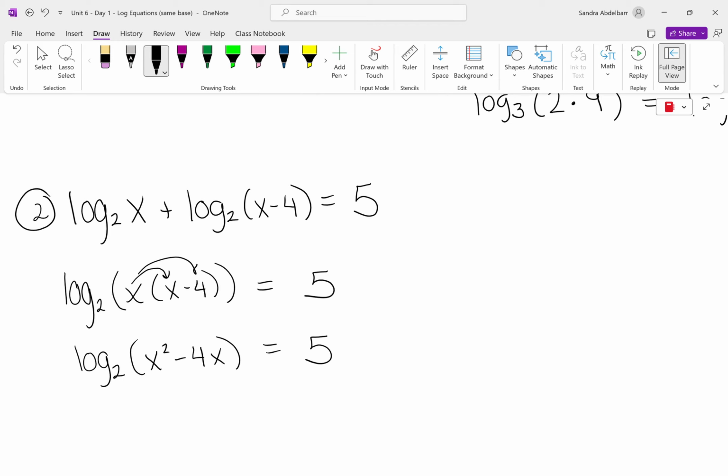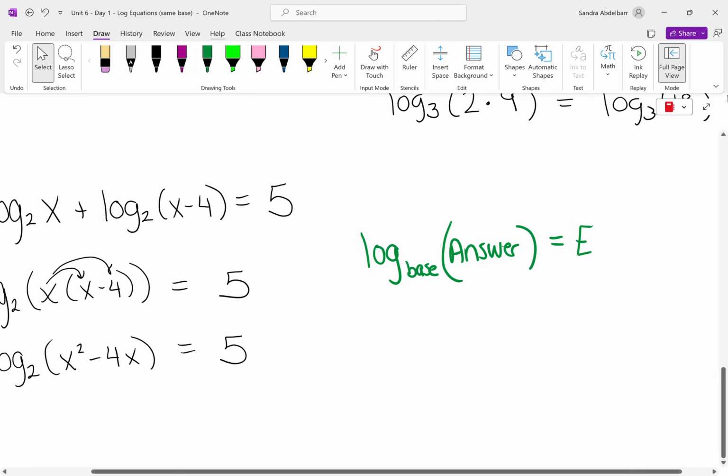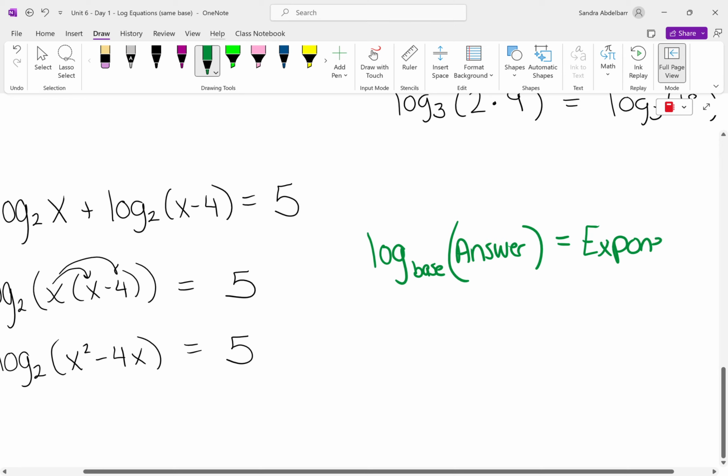We now have to turn this back into exponential. Now remember, when you have a log, it's log base, our argument, is our answer, and that equals the exponent.